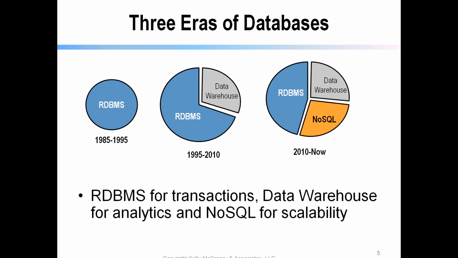And just to put this in perspective, many of the big organizations we work with are starting to understand that we're seeing an evolution: in the 80s and 90s a relational-only model, then in the mid 90s data warehouses became popular, and now after around 2010, most organizations are starting to consider the 3rd slice of the pie, which is the NoSQL era.